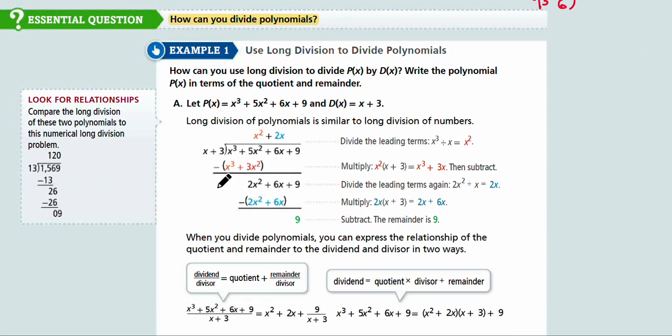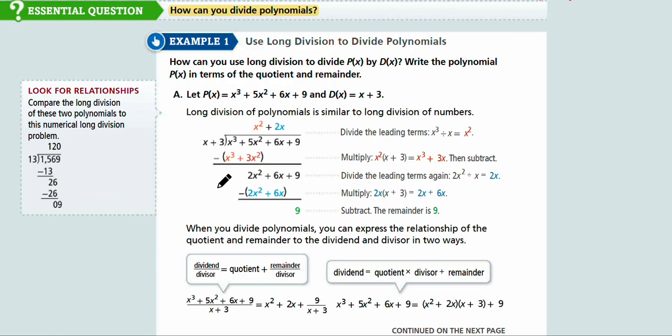How can you use long division to divide p of x by d of x? Write the polynomial p of x in terms of the quotient and remainder. So let's look at the first example. How do we divide x cubed plus 5x squared plus 6x plus 9 divided by x plus 3? Well, we're going to use polynomial long division.